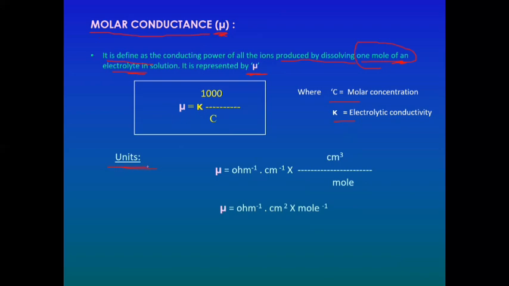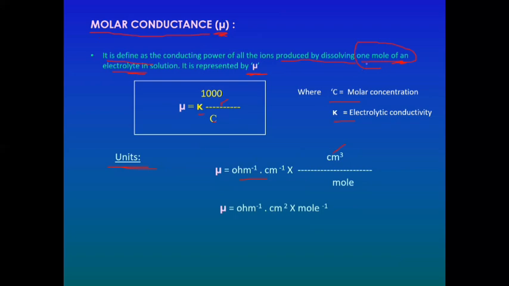So finally, what are the units for the molar conductance? By using this equation, we can easily find them. From the equation, mu is equal to K, where K means specific conductance. We know the units for the specific conductance: ohm inverse centimeter inverse, and volume in centimeter cube.